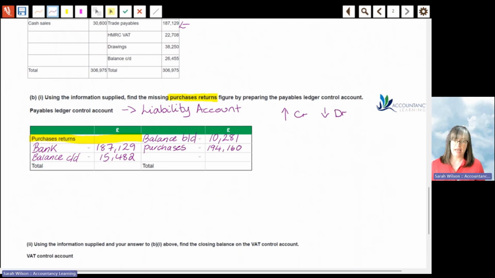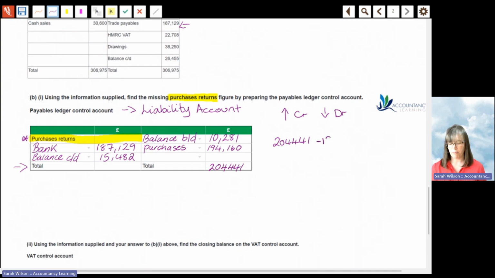Now, what I should point out here is that your totals in the exam will auto sum as you're typing your figures in. So you will end up having a total on the credit side of 204,441. So now we are going to be looking for what this figure is to make it balance. 204,441 is the figure that we're trying to get to.